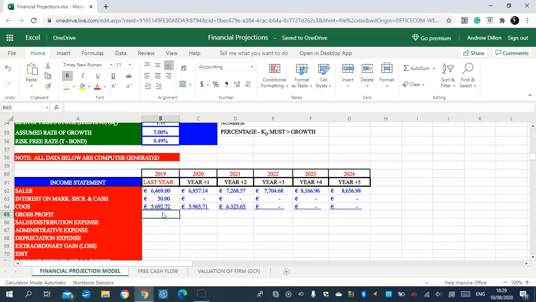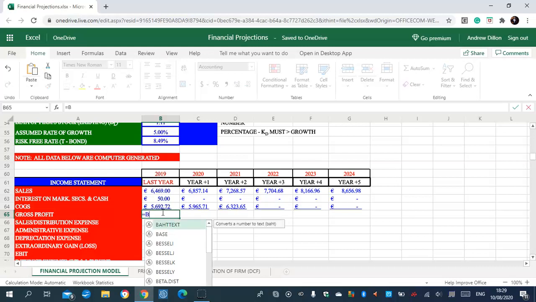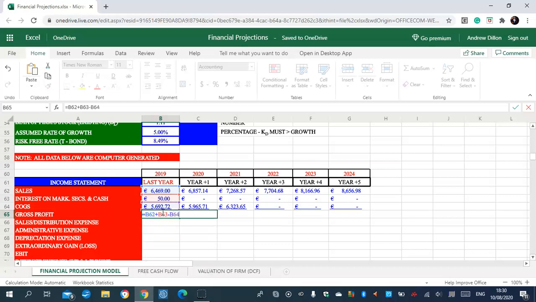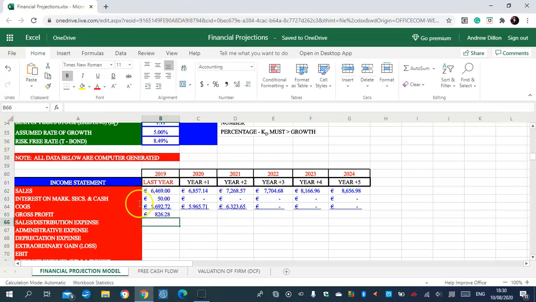Okay, next section is calculate the gross profit. Simple sum is equals A62 plus A63 and minus A64. The answer is €826.28.